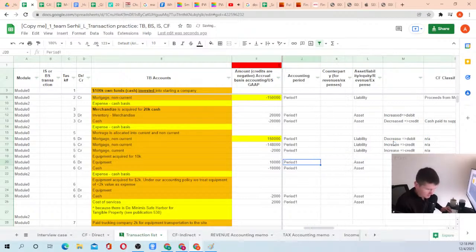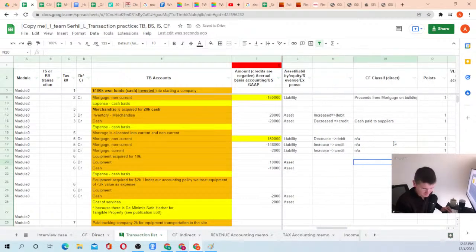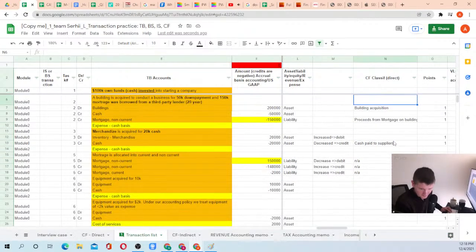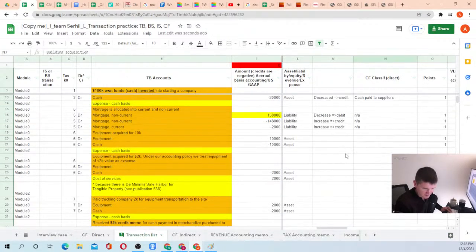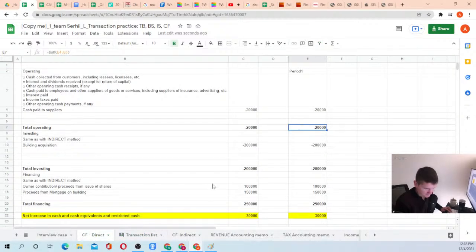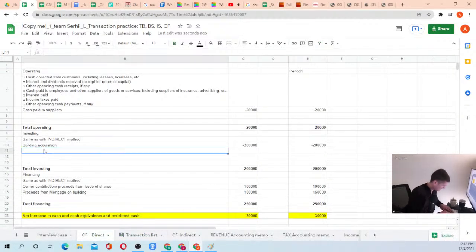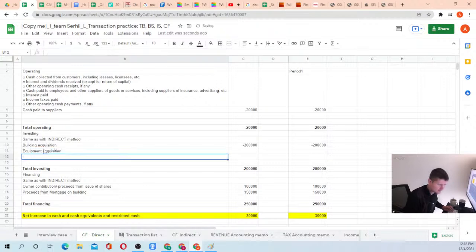Okay, we bought equipment for cash. Again, equipment acquisition. Let's go here and call it equipment acquisition.